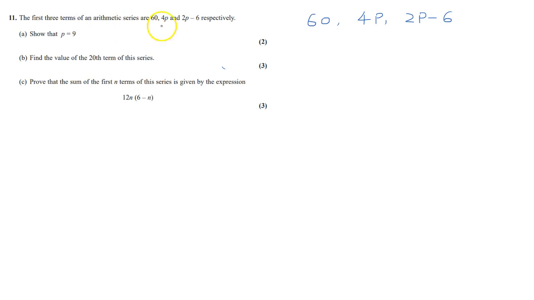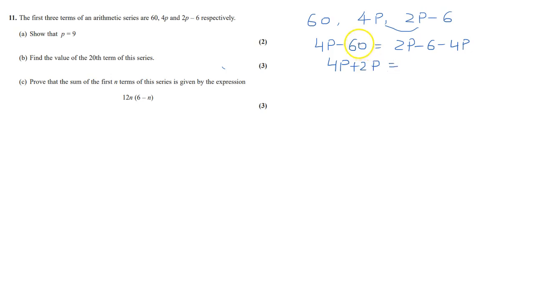If terms are in arithmetic sequence, the difference between two consecutive terms is the same. So 4p minus 60 is equal to 2p minus 6 minus 4p. So 2p minus 4p is minus 2p, which comes to this side as plus 2p.